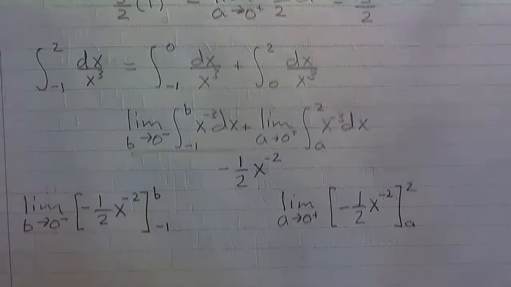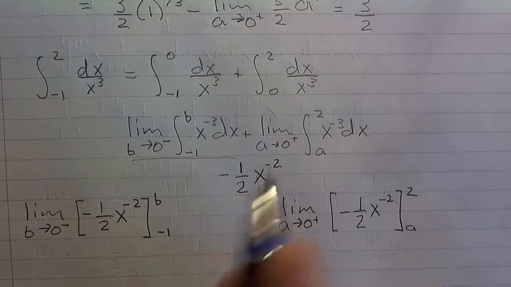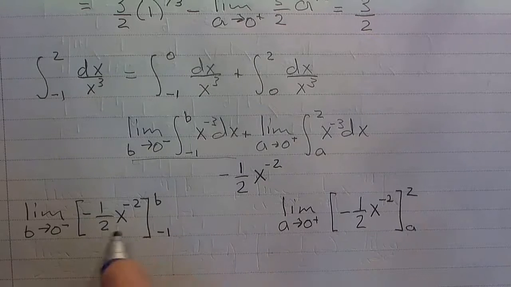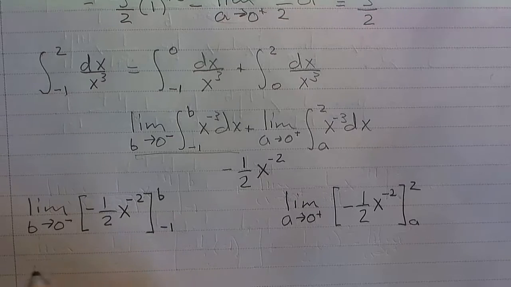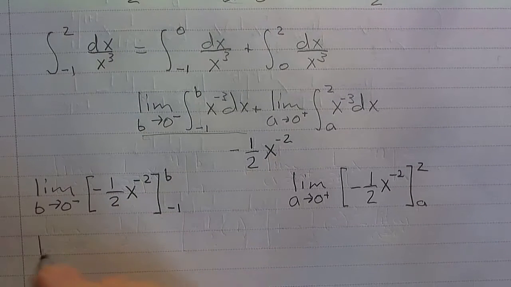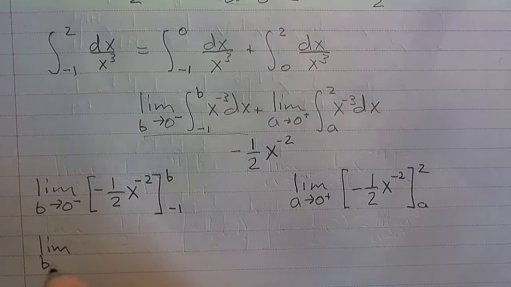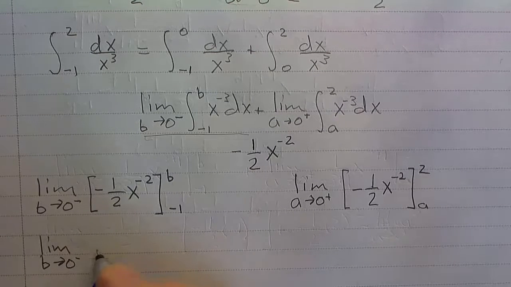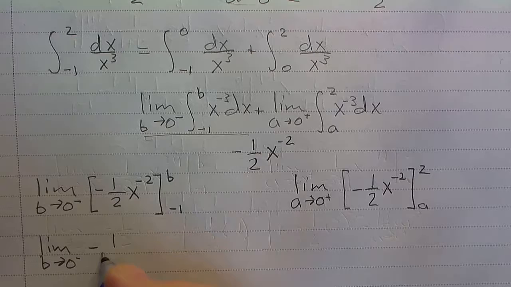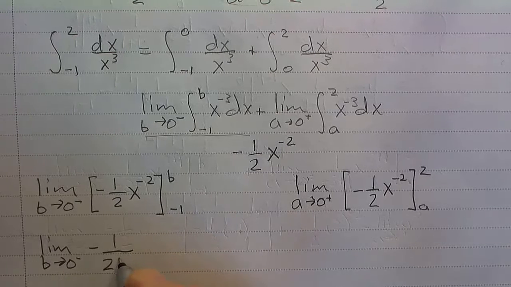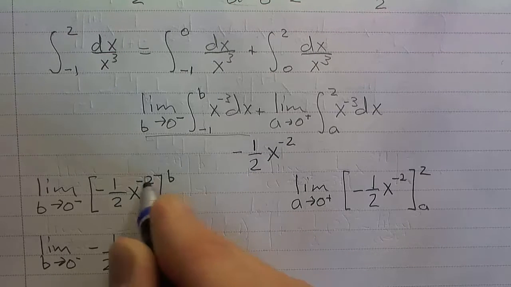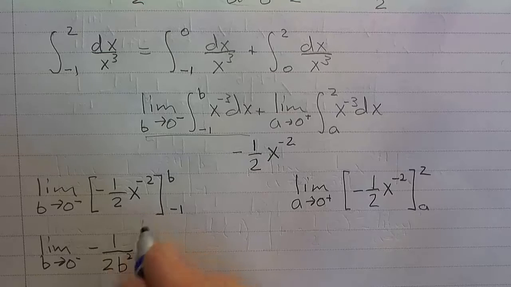Now let's go ahead and evaluate these. So if you look at this one here, let's just plug in. We've got the limit as b goes to 0, and this is going to be -1 over 2b squared. I just dropped the x down there, and I'm letting b go to 0.